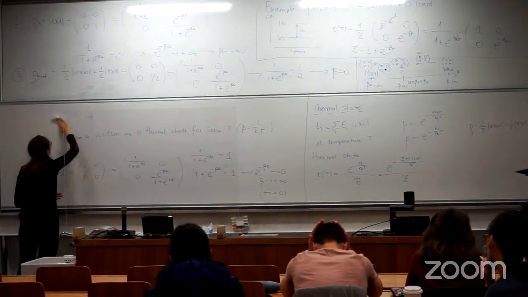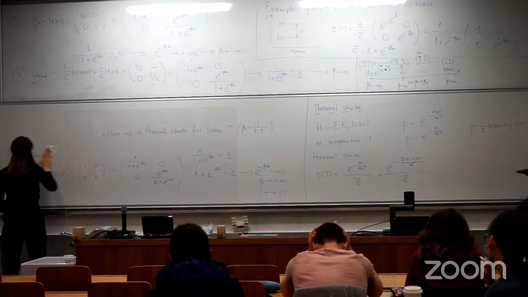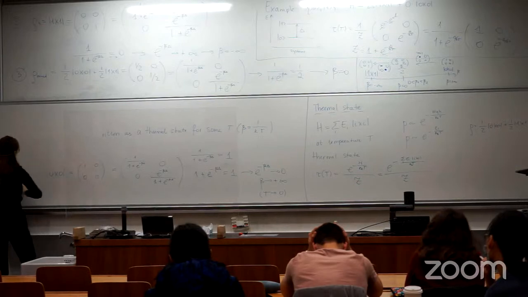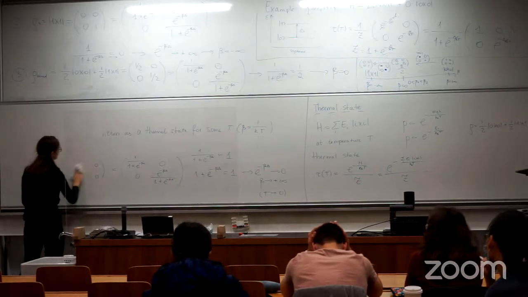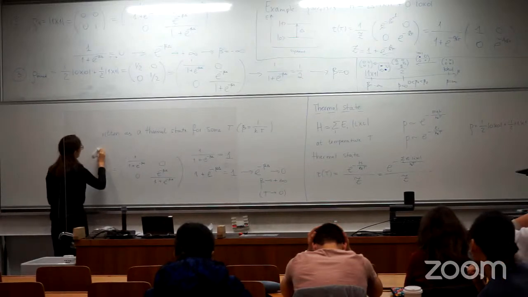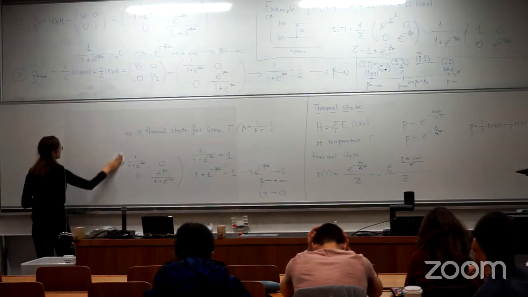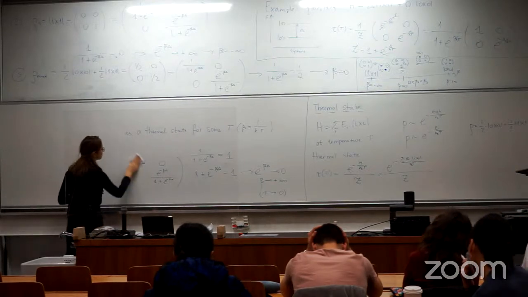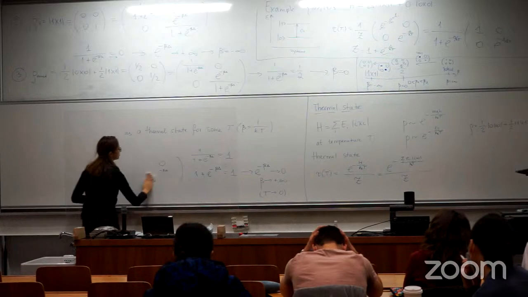This is also very important because throughout the course, we're going to look at different operations that we can perform on the systems. And this is the class of operations we're going to be particularly interested in, the ones which preserve the energy of the system.